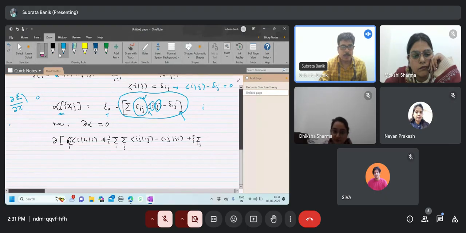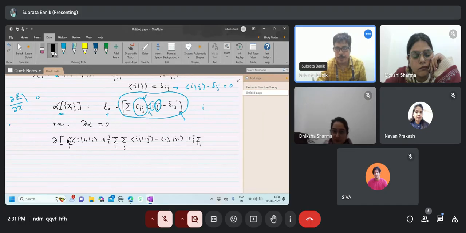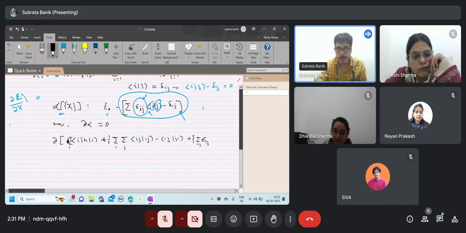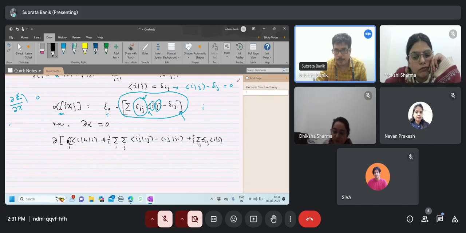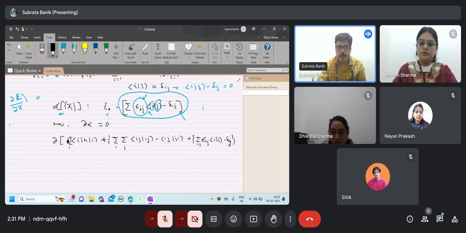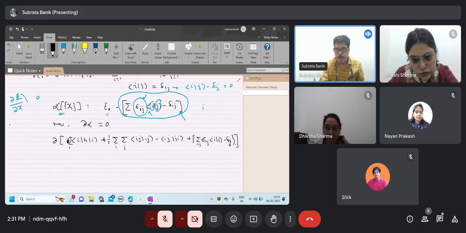So what we're going to do here, we have now this dependency epsilon ij times the term ij minus delta ij. You have to do the variation with respect to this. We did this in the last class.